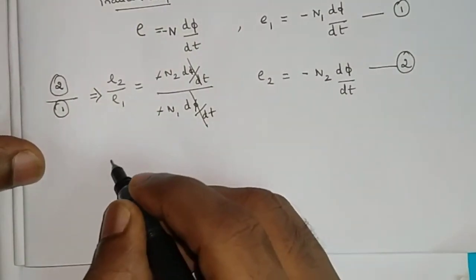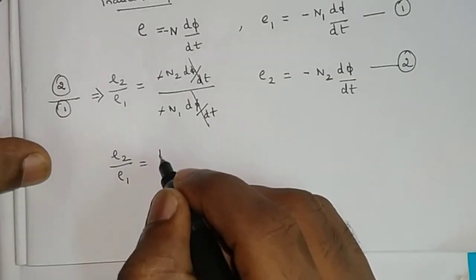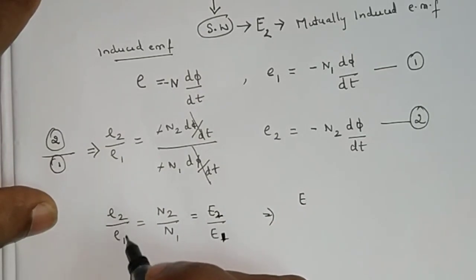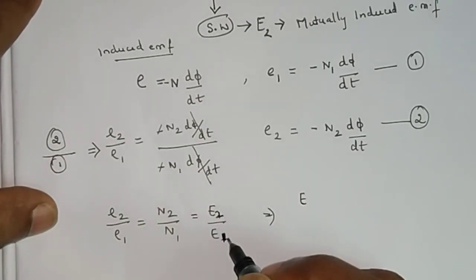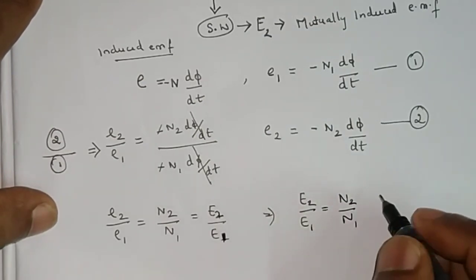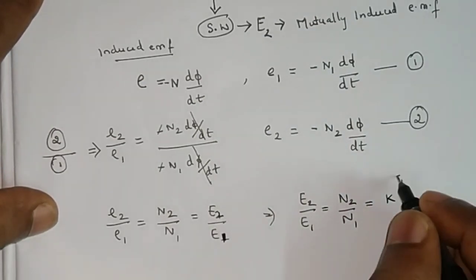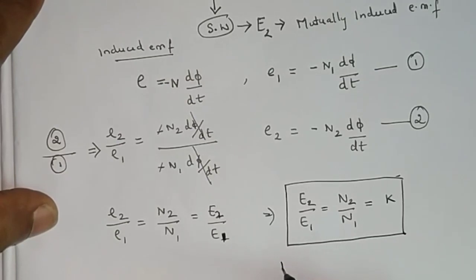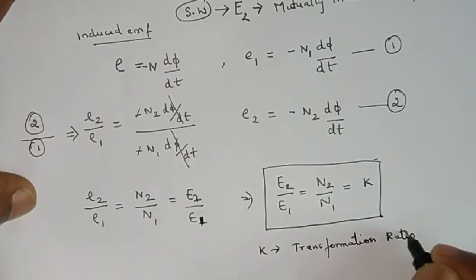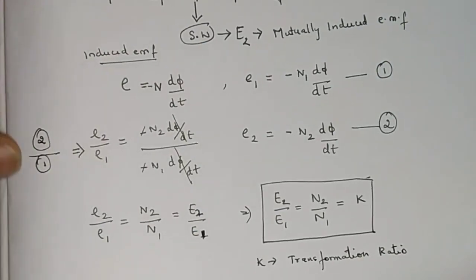After simplifying you will get E2 divided by E1 is equal to N2 divided by N1. So I'll get the ratio as E2 divided by E1 is equal to N2 divided by N1, which is taken as K. Here K is nothing but a constant which is called the transformation ratio of a transformer.